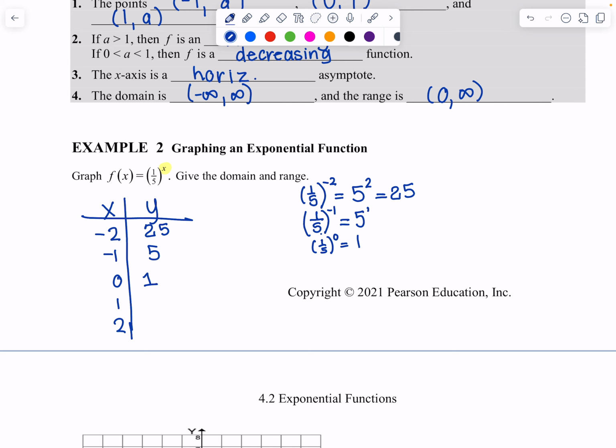The next one, 1/5 raised to the first, isn't that just 1/5? And if we say 1/5 raised to the second power, that's 1/5 times 1/5, which gives us 1 over 25. Okay.